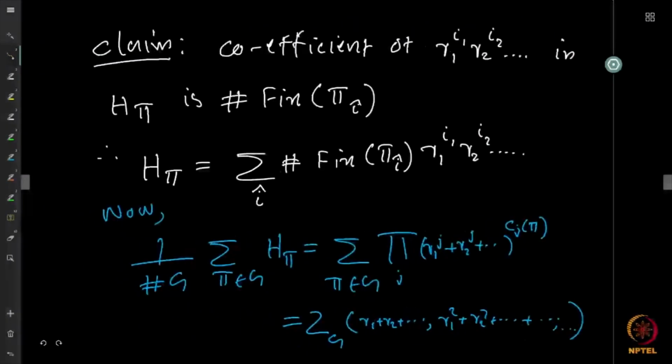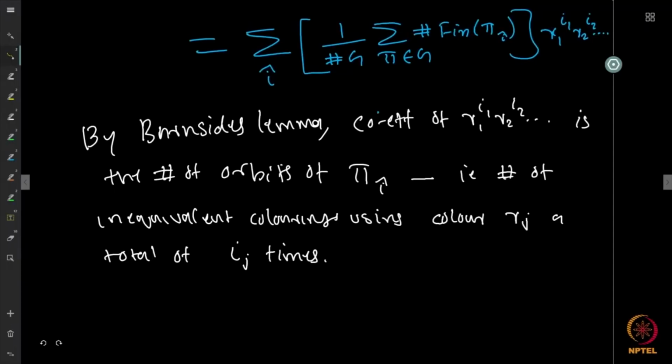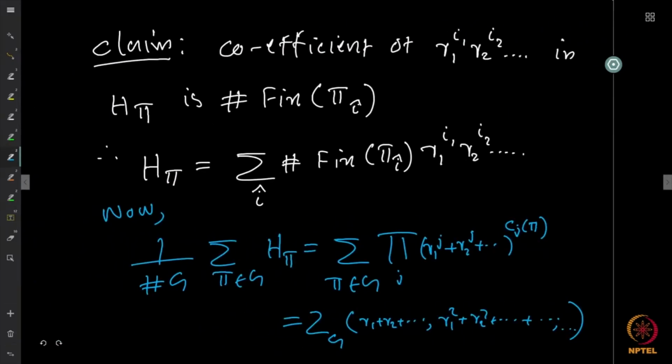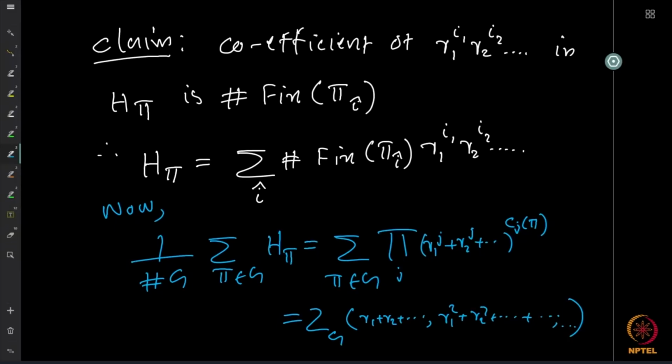So writing this in another fashion, we can write it as a summation over all I cap of 1 by order of G, summation over all the permutations in G, of the cardinality of fix of pi I cap times r1 raised to i1, r2 raised to i2, etc. Why is this?